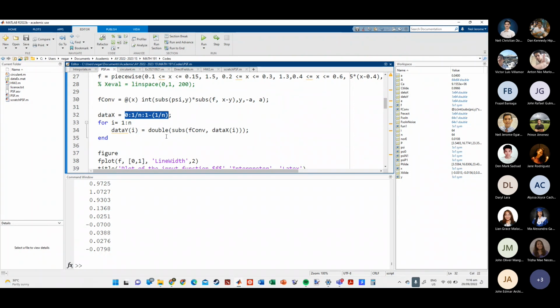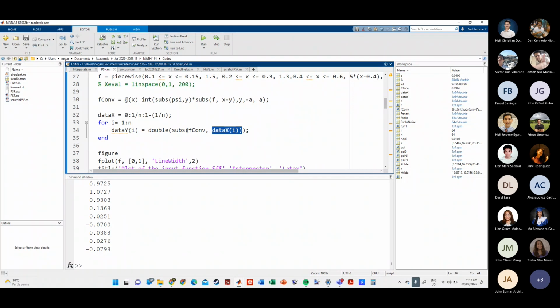And then lines 33 to 35, kukomputin lang ni Matlab yung value ng convolution dito sa mga data points na to. Alright? So that's why I created a vector called data y. Nang laman ng bawat entry ni data y ay yung value ng convolution doon sa mesh of x values sa kinompute natin.